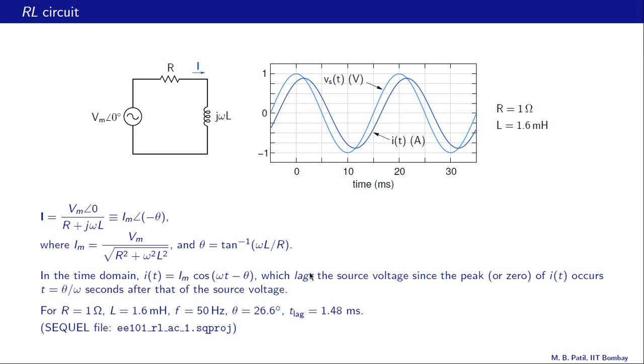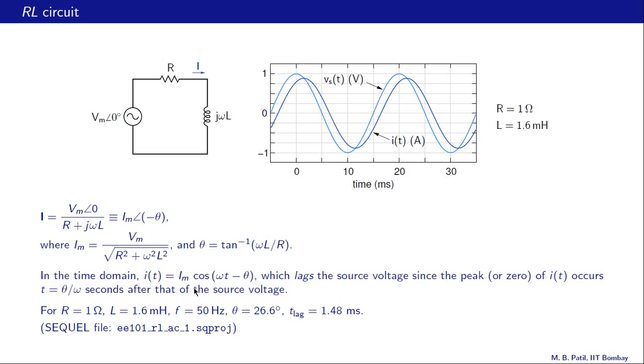This is an angle and this is time. So what we can do is to convert this angle to time. We know that 360 degrees corresponds to one period, and that in this case is 20 milliseconds, because 1 over f is 20 milliseconds, and therefore we can use that fact to find the time that corresponds to this angle. That turns out to be 1.48 milliseconds.